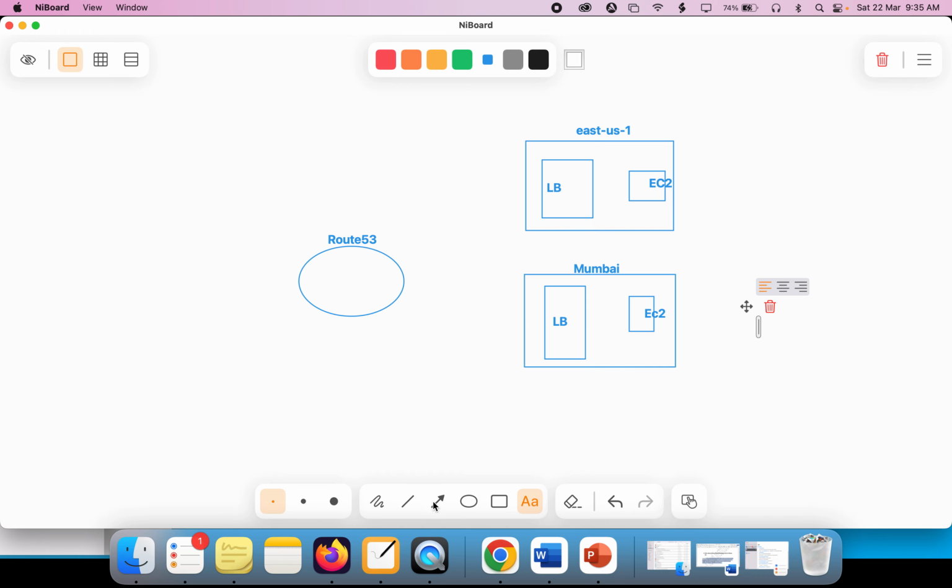Now let's say there are users. One user is over here, another user is over here. One is accessing this application from the US, one from India, and maybe someone else is accessing from Singapore.